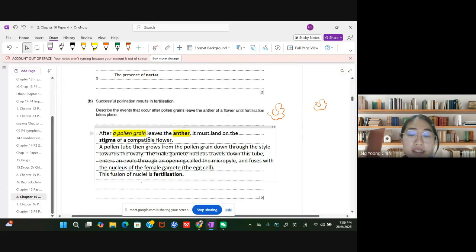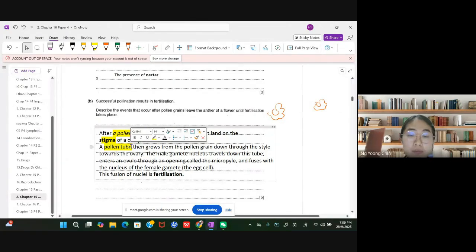So as the pollen grain leaves the anthers, it must land on the stigma of the flower. Okay, so it might be the same flower or it might be another flower. So whenever the pollen grains land on the stigma, you should write those structures. Okay, so they will germinate a pollen tube.